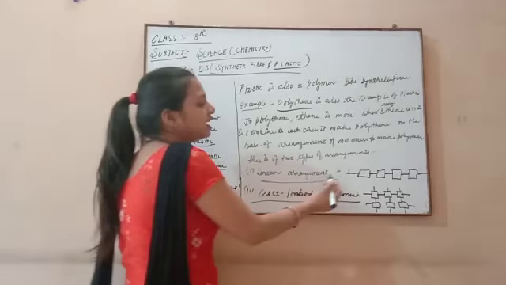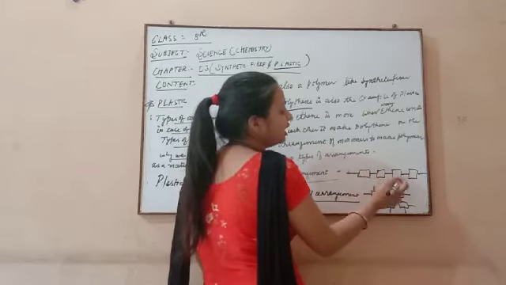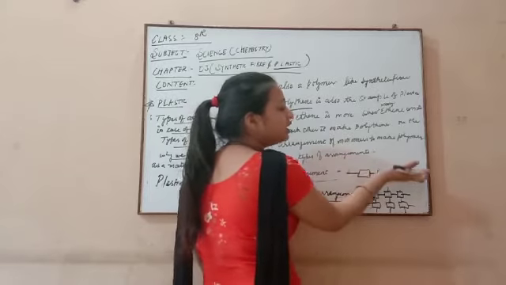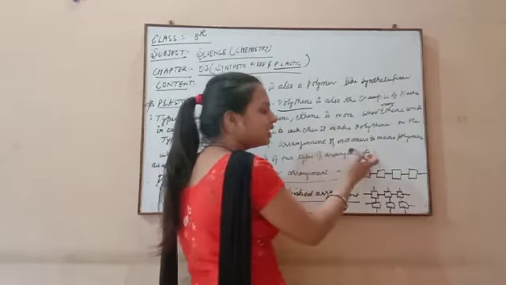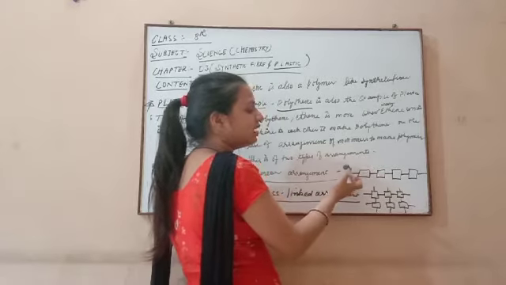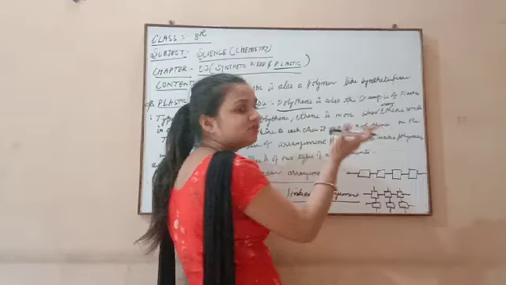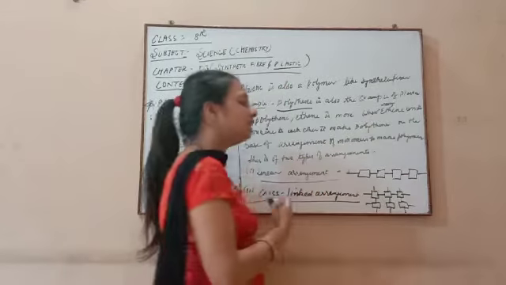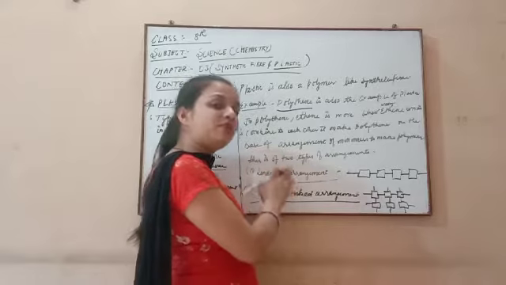First one is the linear arrangement, means one monomer is attached with the other monomer in a linear chain only, means in a horizontal chain only, with no vertical chain attached. So this is the linear arrangement.